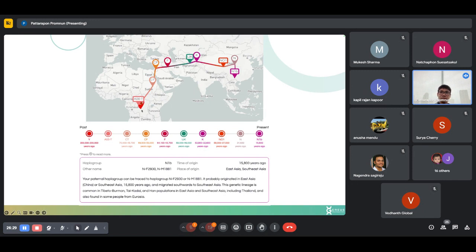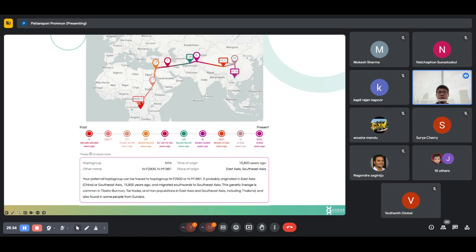So this data is taken from existing scientists throughout the world. As you can see here, this is my current result. This is the name of the haplogroup, my haplogroup N1B. Actually, I am Thai. I live in Thailand, right? But the haplogroup is found mainly in south China.